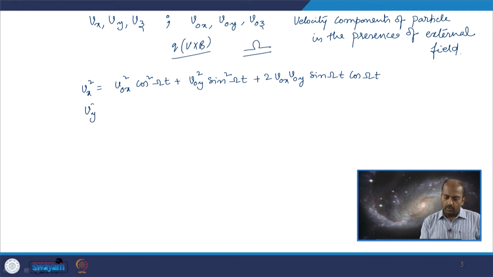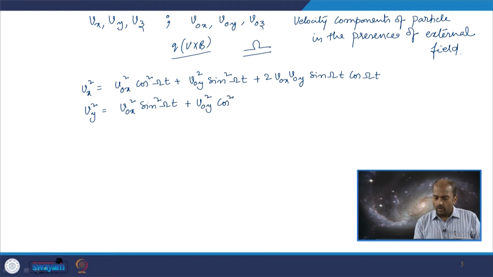Similarly, Vy square is written as V0x square sin square omega t plus V0y square cos square omega t minus 2 V0x V0y sin omega t cos omega t.